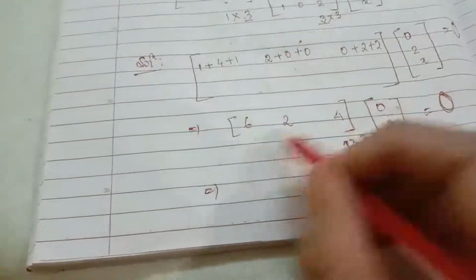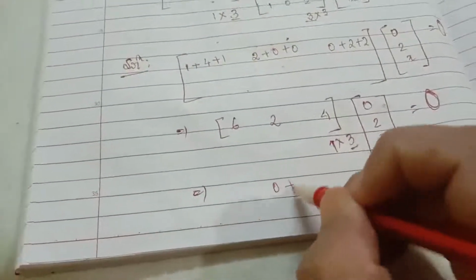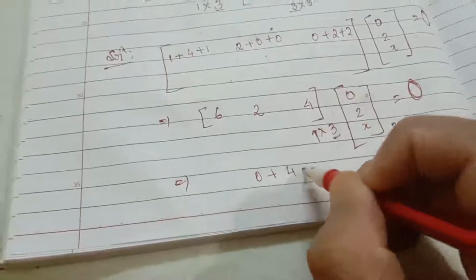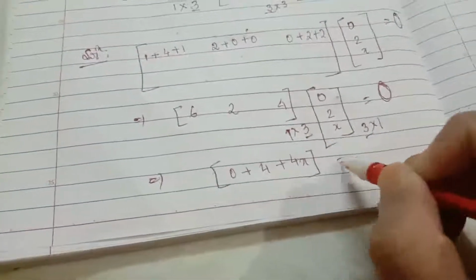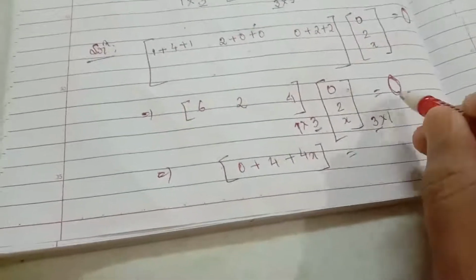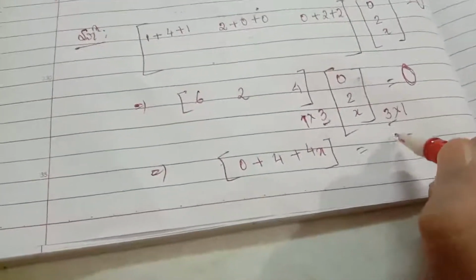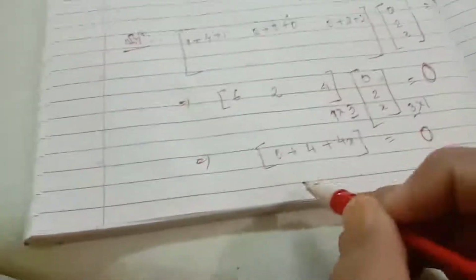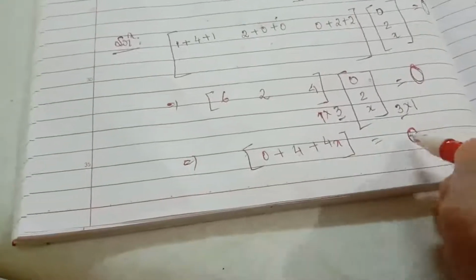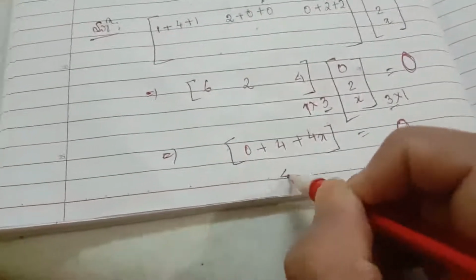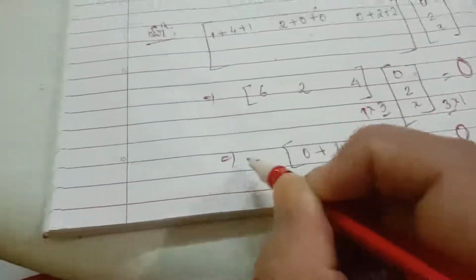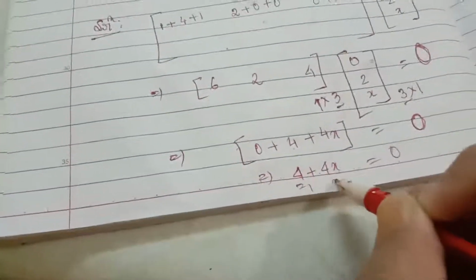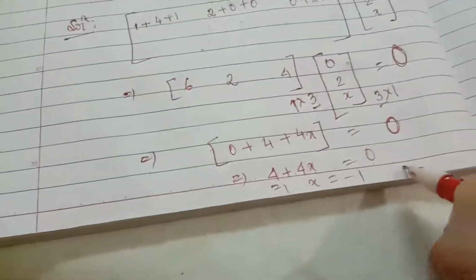Multiplying 6 into 0 plus 2 into 2, 4 plus 4 into x is equal to 0 matrix. 0 matrix means all the elements of this matrix are 0. So comparing, 4 plus 4x is equal to 0, and from this we can write value of x is equal to minus 1.